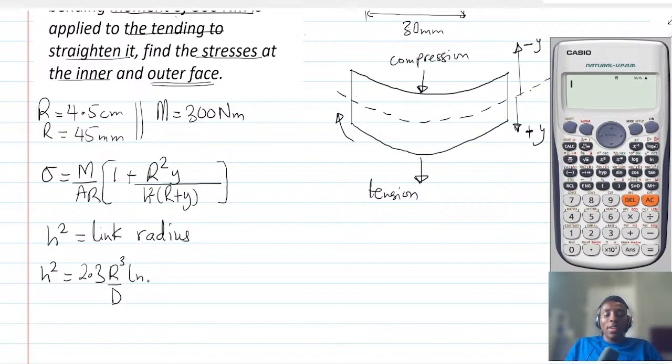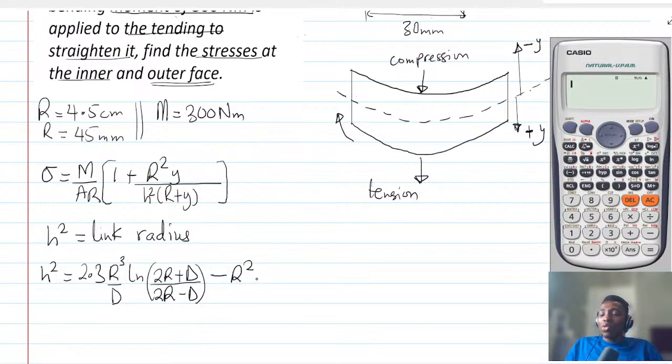This is where it confuses people. I will talk about it later. So 2r plus d divided by 2r minus d. After doing all this, then minus r squared.